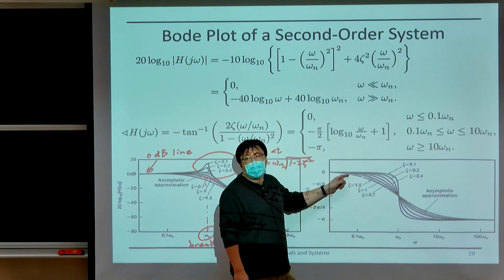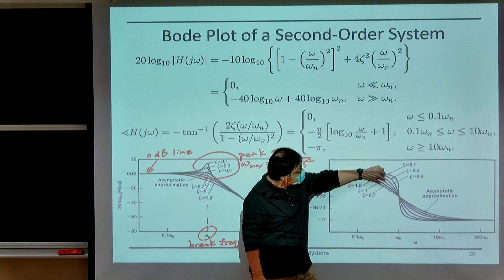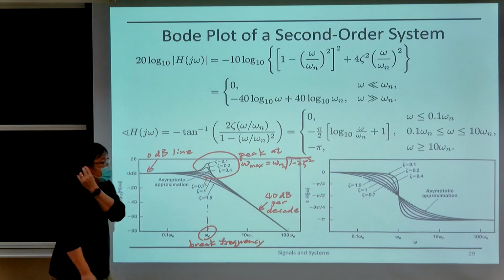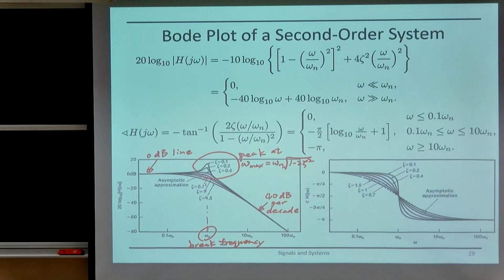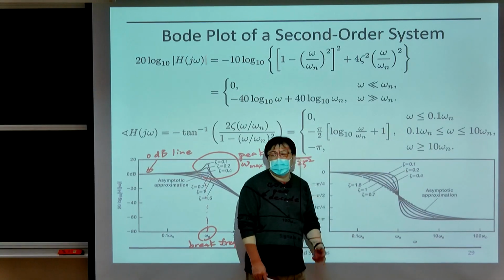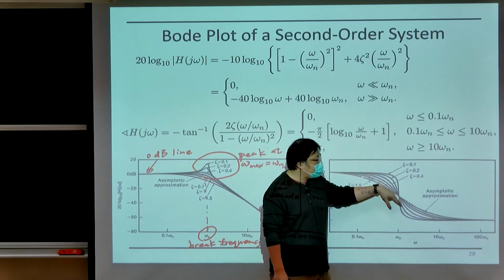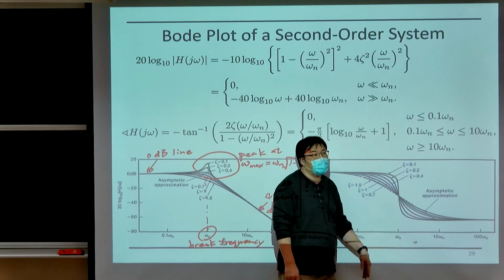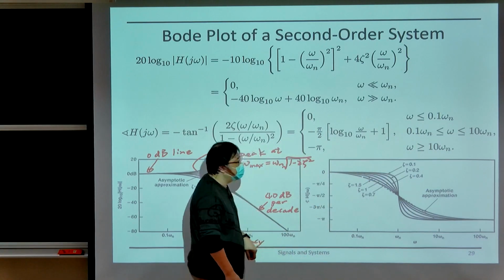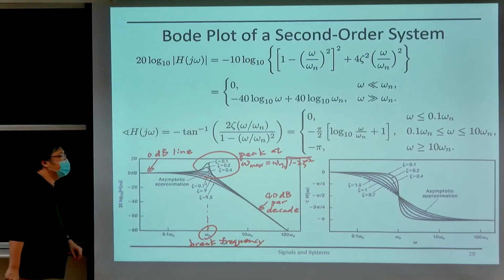But you can also see that there is a larger and larger discrepancy if you have a smaller and smaller damping ratio. All right. So you just need to be aware that, if you have a system with a small damping ratio, then this asymptotic line that you're using to study the behavior may not be so accurate, right? You need to sort of compensate for this if you're considering such a system.